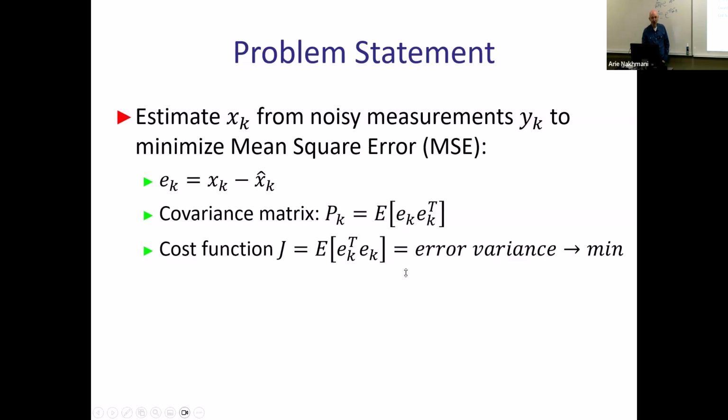This is the covariance matrix. That's exactly what it is, if you remember something from a statistics or probability course. Okay, so that's exactly how the covariance matrix is defined. It's the average over all of the possible realizations of the error vectors E. Okay, and error vectors are defined like that.